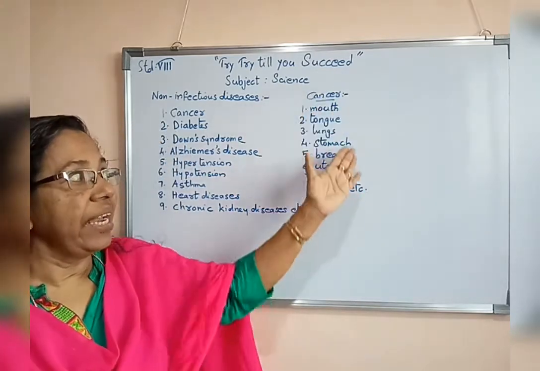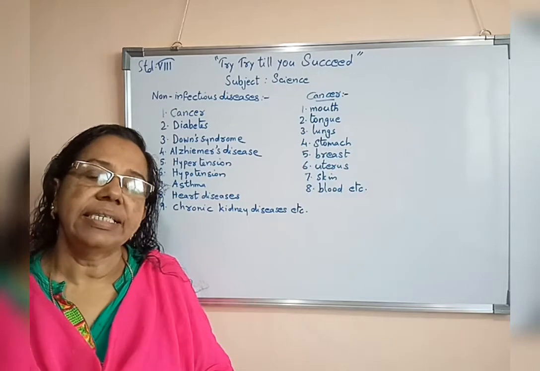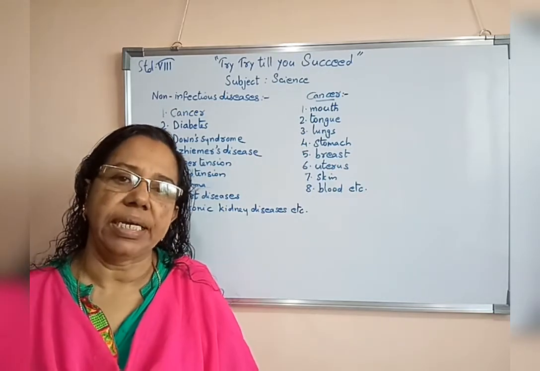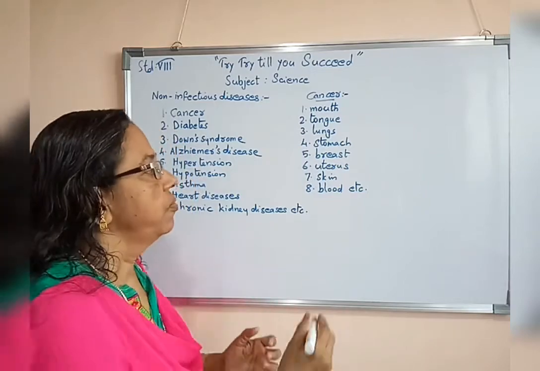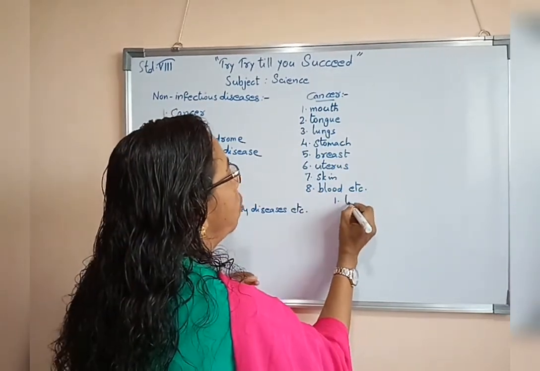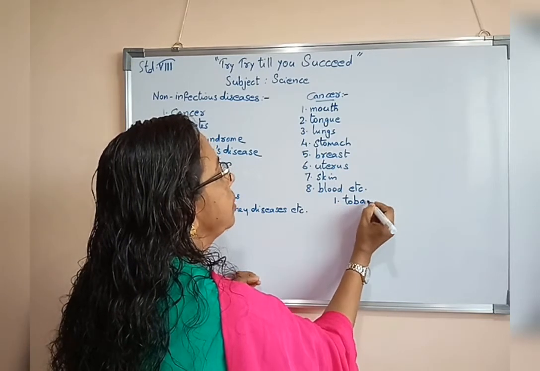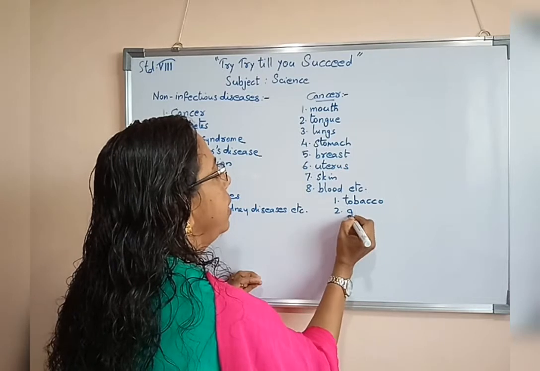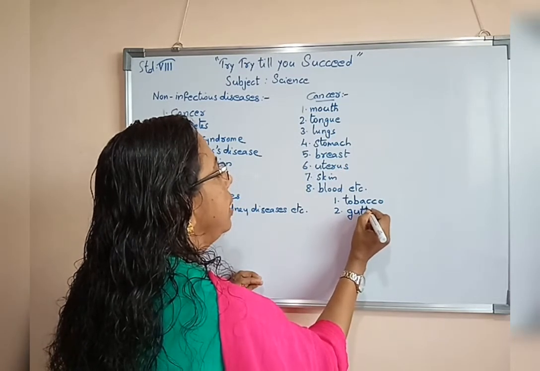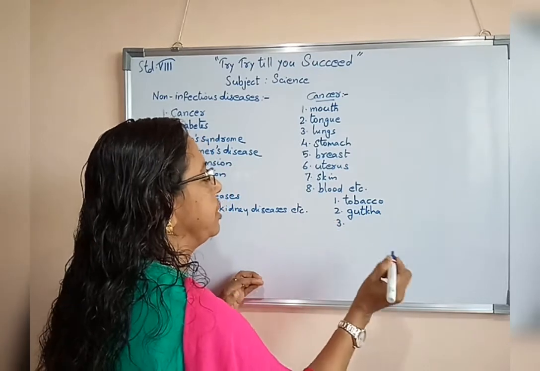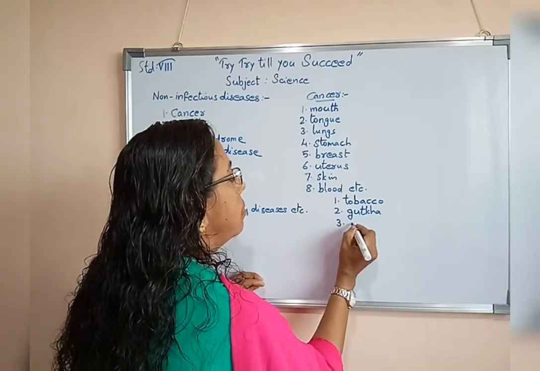Now, why are these organs getting such a type of disease? What are the reasons for getting cancer? For that, one example is consumption of tobacco. Tobacco chewing, then intake of gutka, then consumption of alcohol.